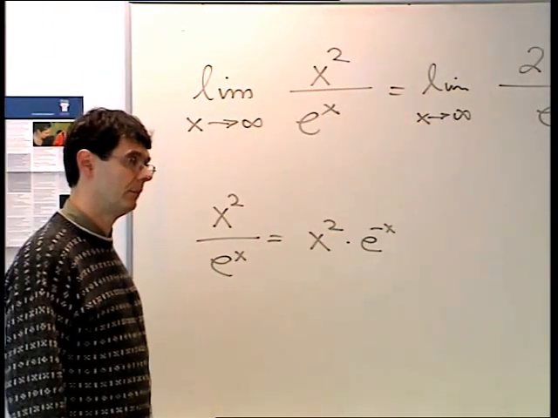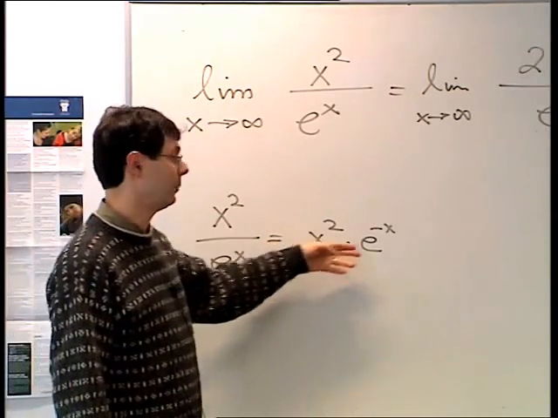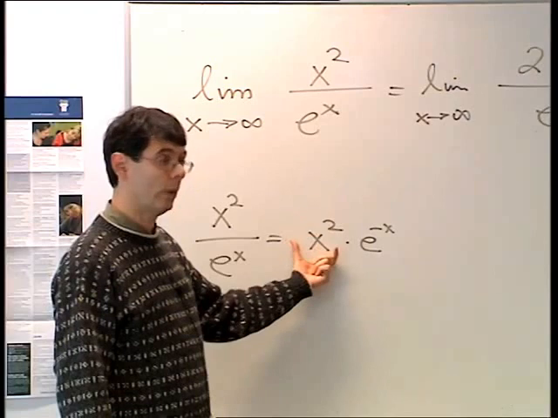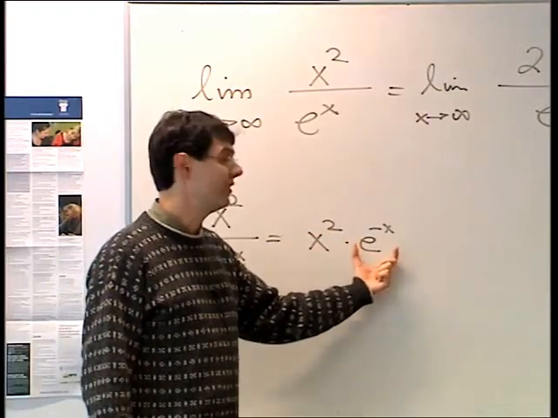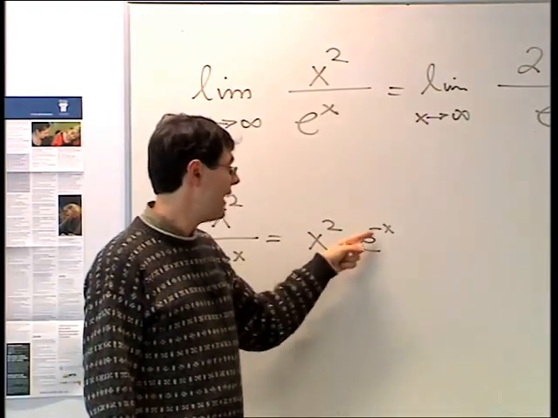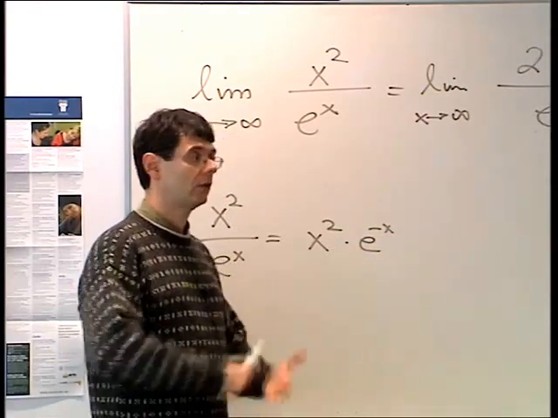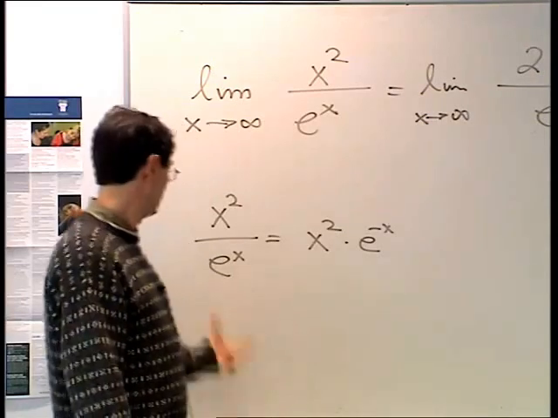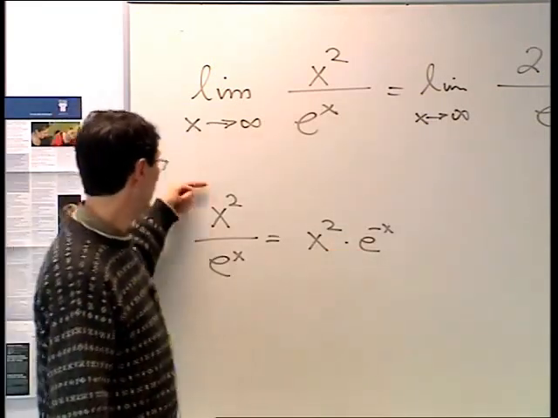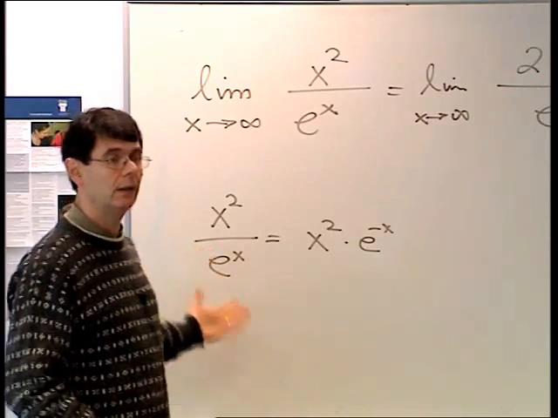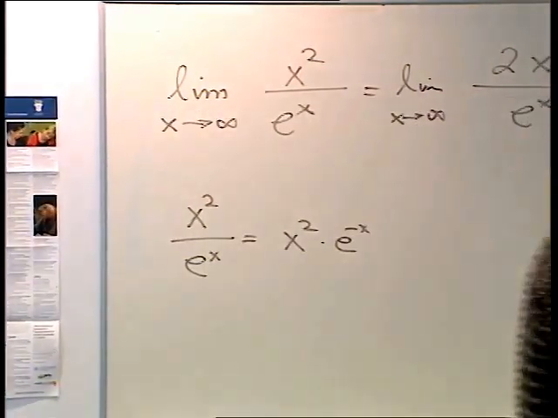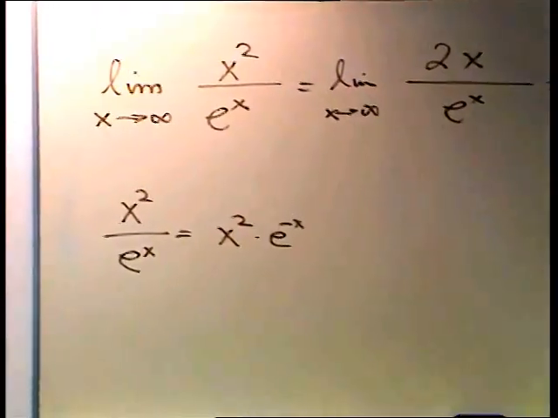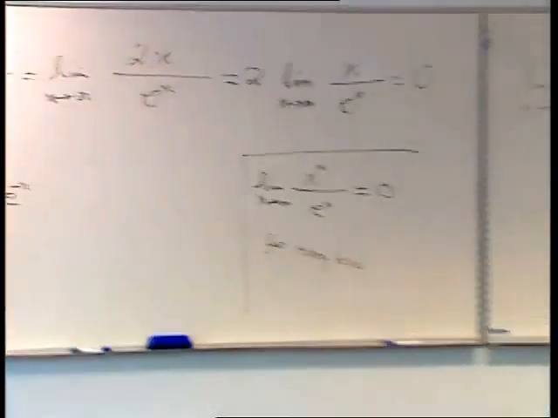Is that okay? This is not infinity divided by infinity. This is infinity, when x goes to infinity, x squared goes to infinity, times 0. Because e to the negative x is closer and closer to 0 if x goes to infinity. Because e to the negative x is 1 divided by e to the x. That's why. Any questions?